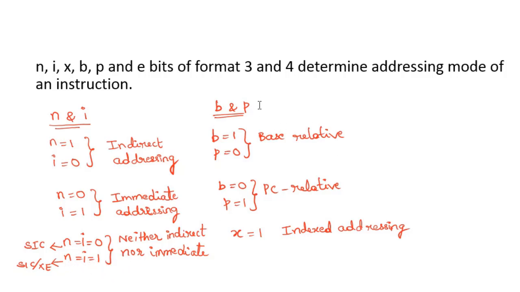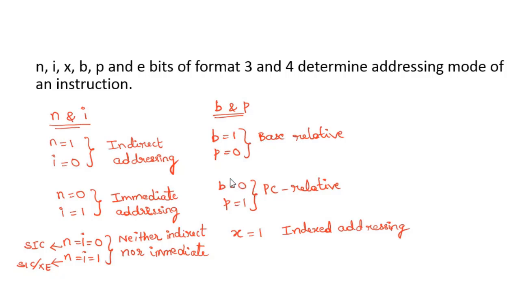Coming to B and P bits, these two will determine whether it is relative addressing or not. If B is 1, P is 0, we call it base relative. Base relative, B for base relative.